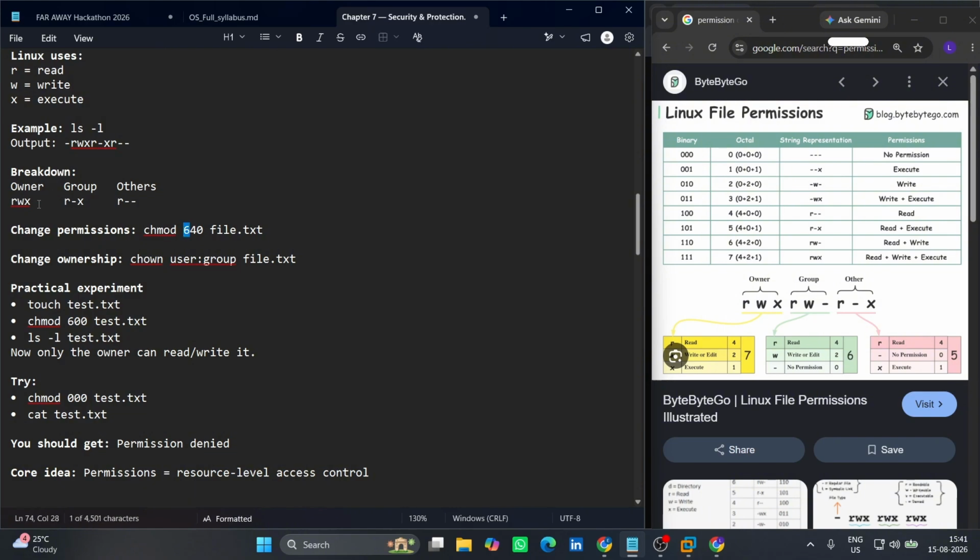Means the first number is for the permission of the owner, the second number is for the group, and the third number is for the others. And here on this chart you can take a look at the octal numbers. 000 means no permission, right? If you want, you can take a screenshot of this.